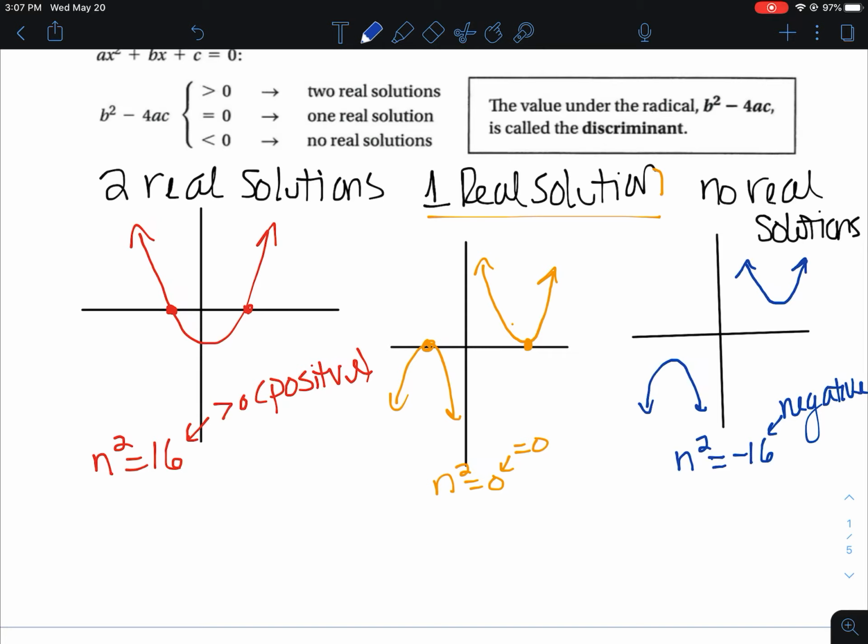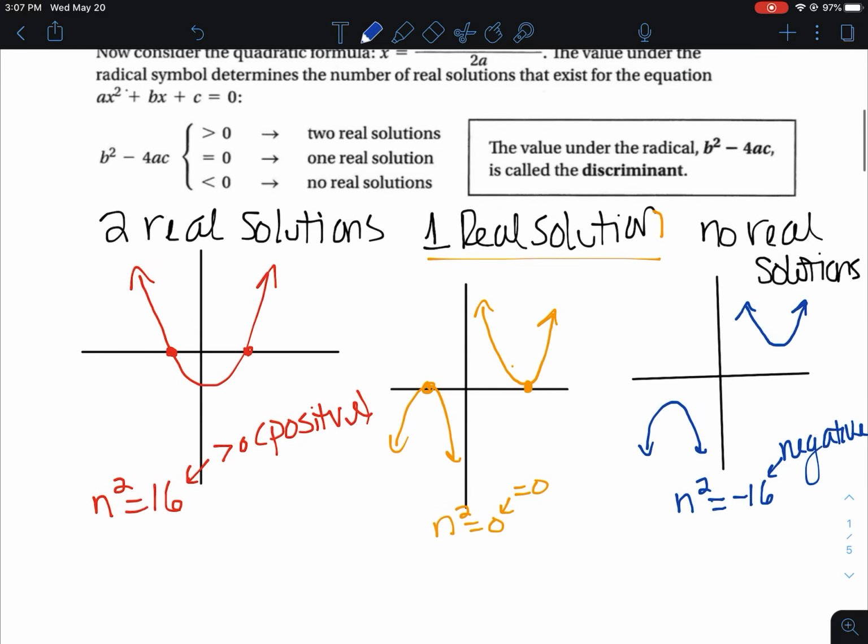If it's a positive number, I can take the square root of that and get two real answers. If it's 0, then I can take the square root, but I only get 0 as an answer. And if it's negative, then I can't take the square root of it, okay? So we're going to do the discriminant here, b squared minus 4ac, but the same rules apply, okay? So if b squared minus 4ac is positive, then we're going to get two real solutions.